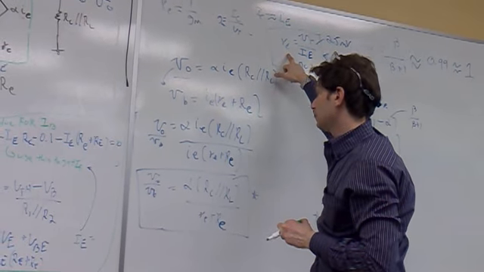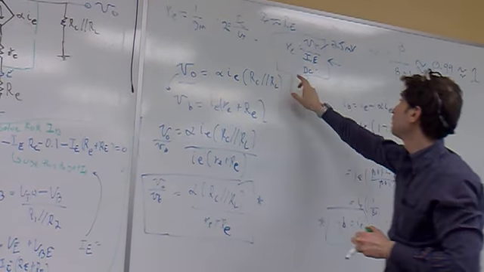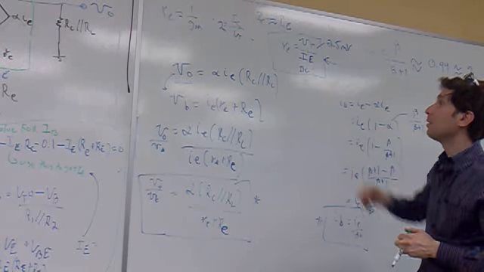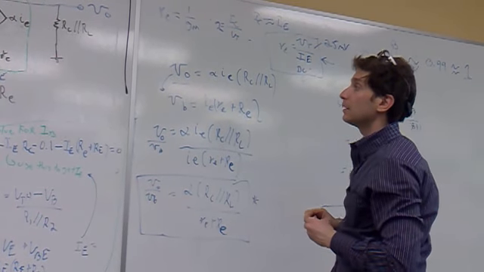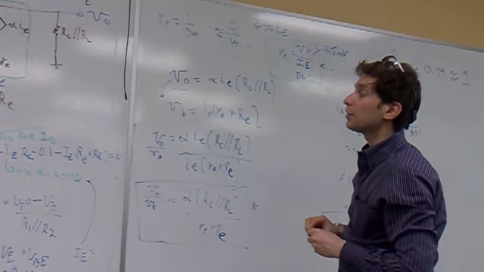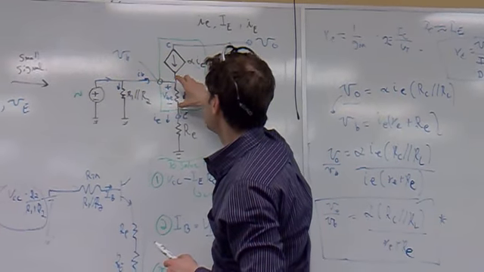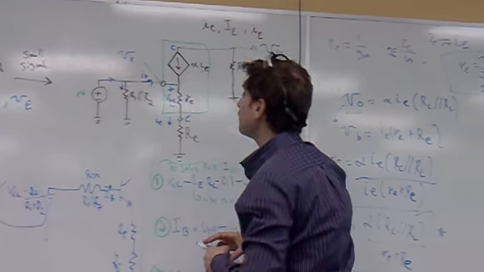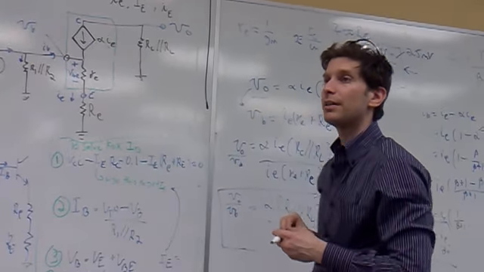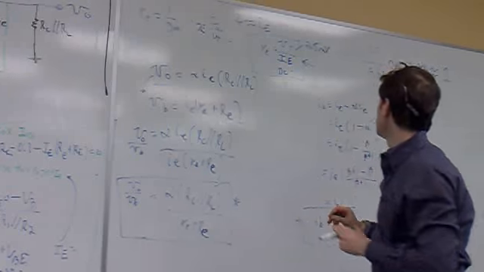If that gets too small, then we have a problem. It also controls the amount of VBE, the amount of current going through here. So everything's kind of interrelated. That's why this makes it so complicated.